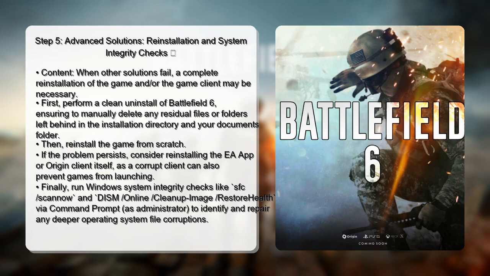If the problem persists, consider reinstalling the EA app or Origin client itself, as a corrupt client can also prevent games from launching. Finally, run Windows system integrity checks like SFC /scannow and DISM /Online /Cleanup-Image /RestoreHealth via Command Prompt as administrator to identify and repair any deeper operating system file corruptions.